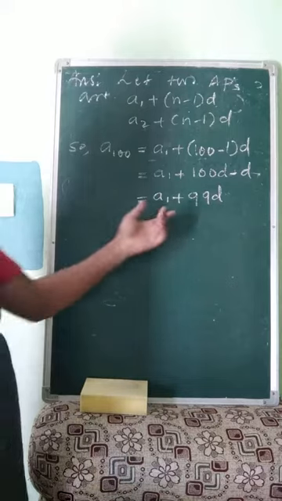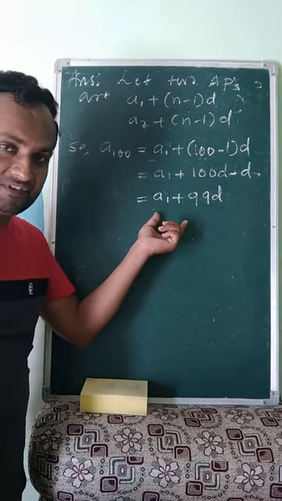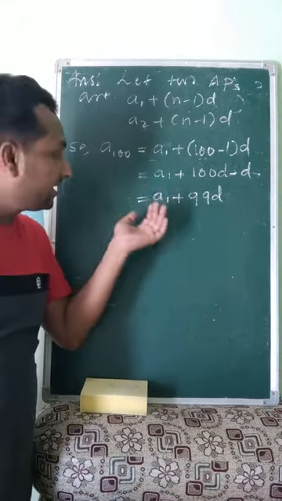Now this is the first term of the 100th term, the first AP's 100th term. Now take the first AP's 1000th term. What will we get? Same again.